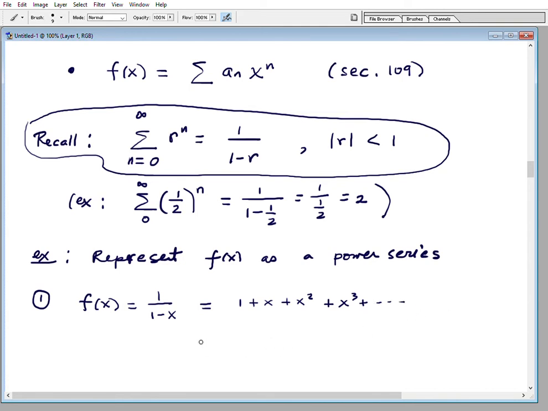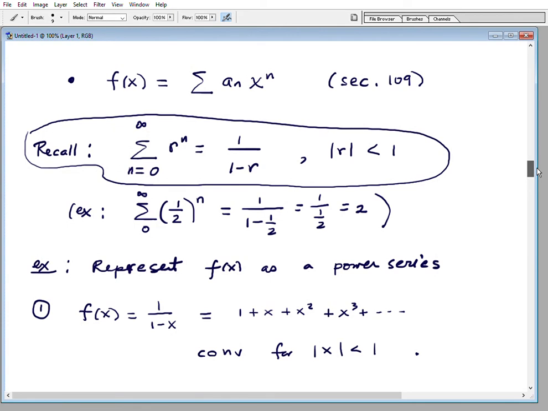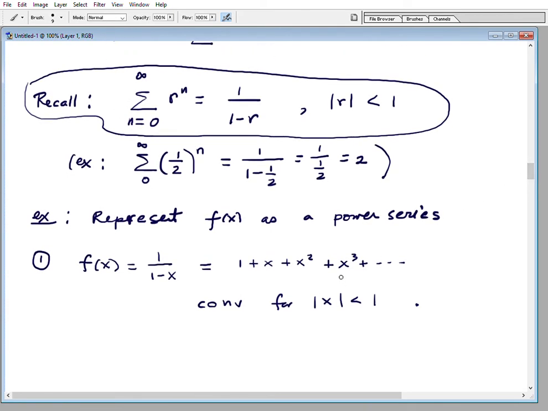And we know that this converges, instead of absolute value of r less than 1, when the absolute value of x is less than 1. So that's our first example of a function. So this function, 1 over 1 minus x, is the same as this, and we knew that from geometric series.